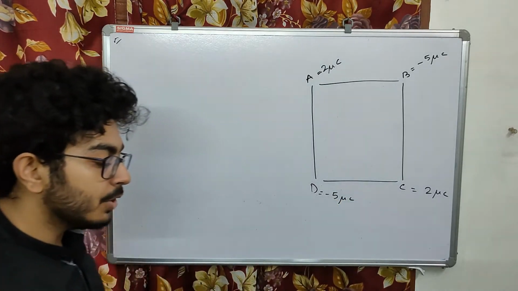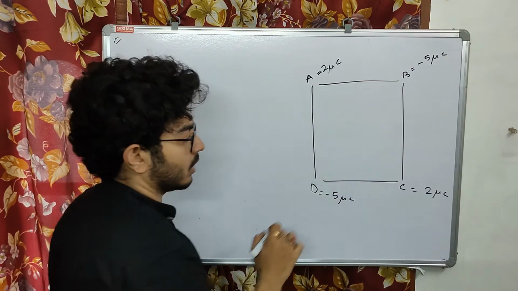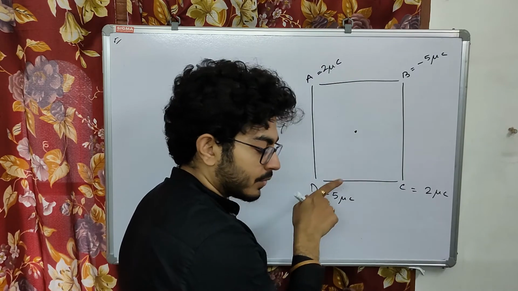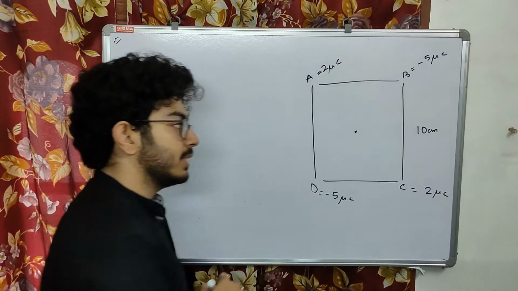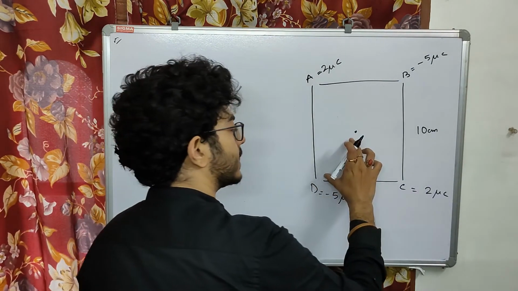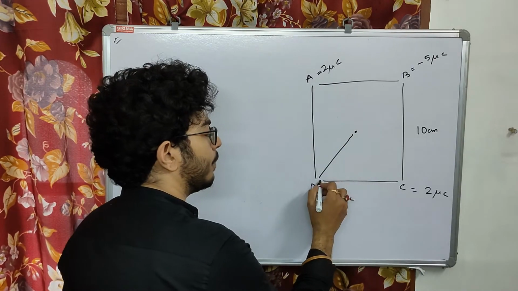Now, what will be the force on the charge of 1 microcoulomb placed at the center of this square? The square's side is 10 centimeter. So what will be the distance from any point to the center?